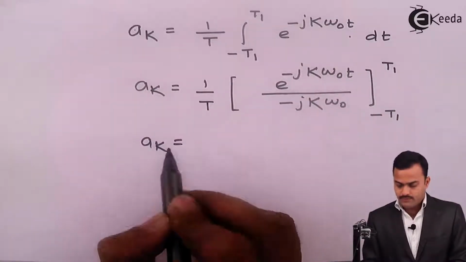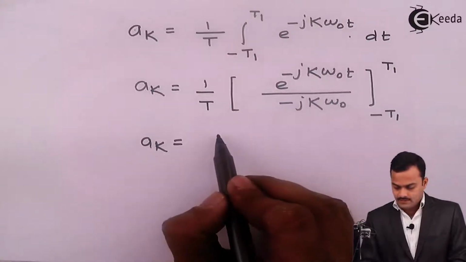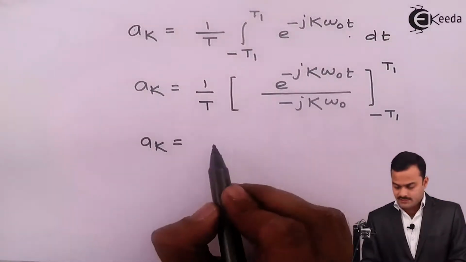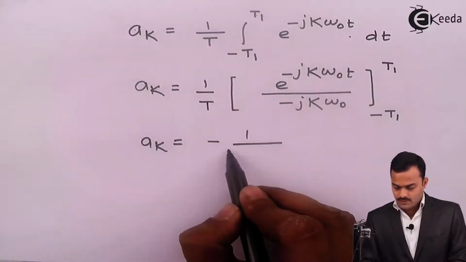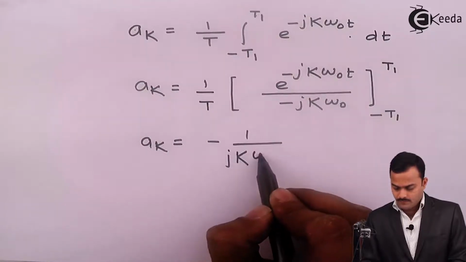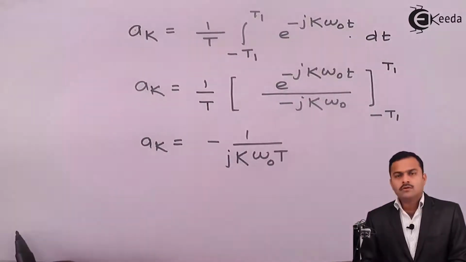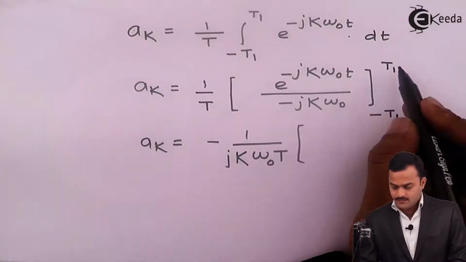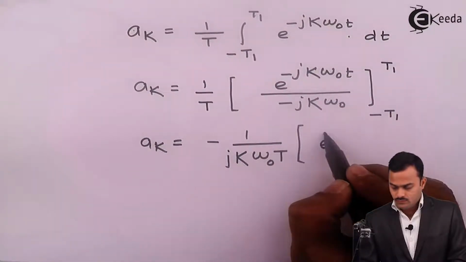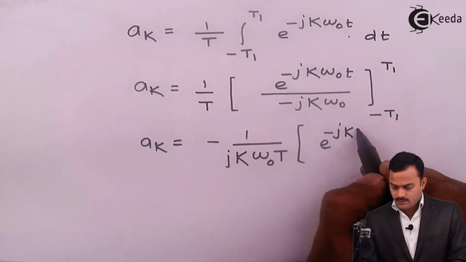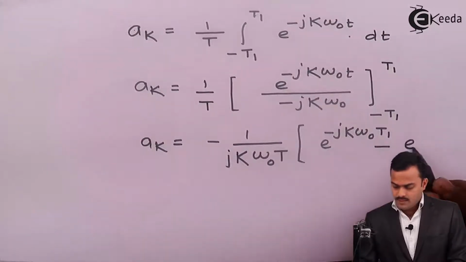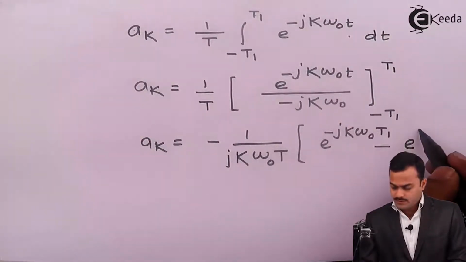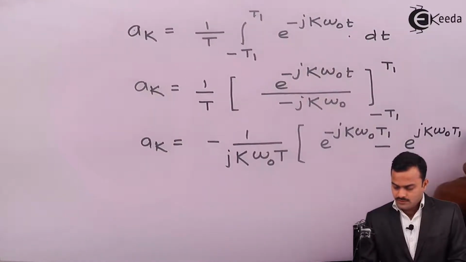So a k we will get as, all this constant I will take outside, so minus 1 upon j k omega 0 T, and let's apply the upper limit e raised to minus j k omega 0 T1 minus, if I apply the lower limit, it will be e raised to j k omega 0 T1.